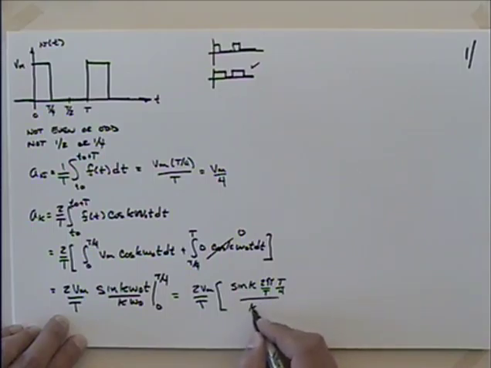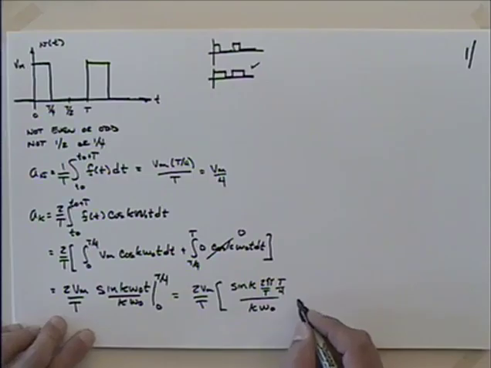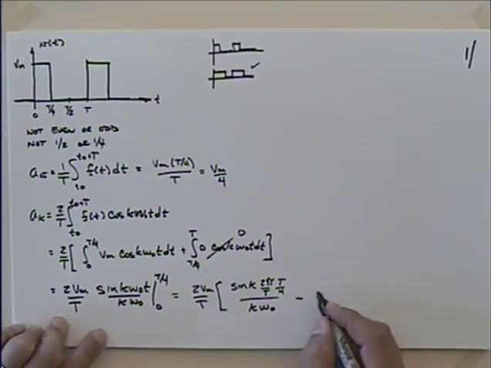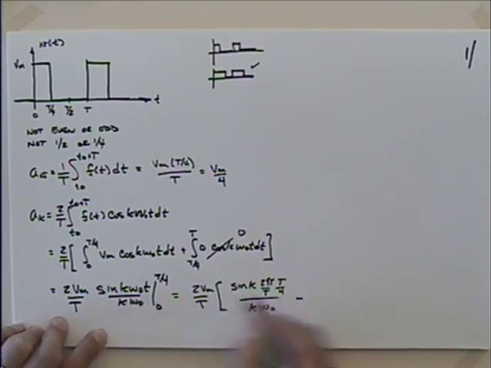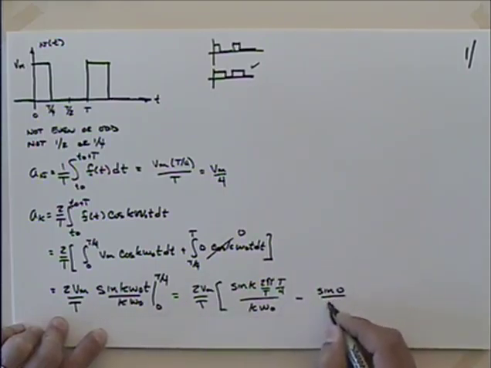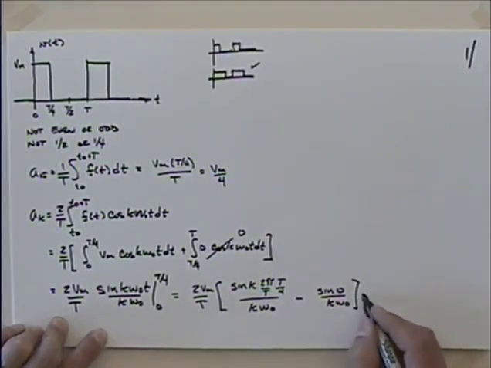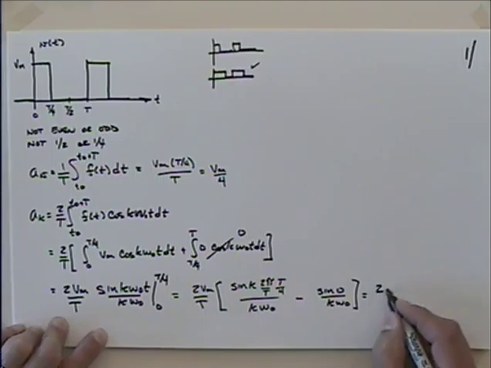And we're going to divide this by k and omega naught. I won't worry about substituting into that one quite yet. And I have to then subtract the sine of 0, right? So what do we end up with?